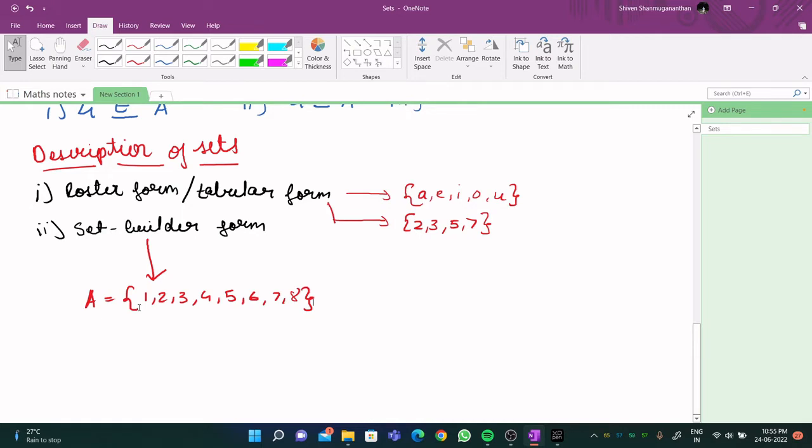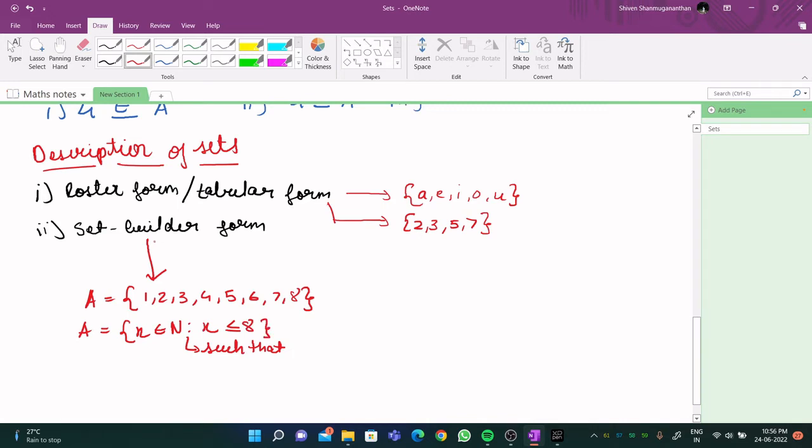All right. So the set builder form of writing this would be A is equal to, bracket open, x belongs to natural numbers. As you can see, these start from 1, so they are natural numbers, such that, so the semicolon is read as such that, x is less than or equal to 8.